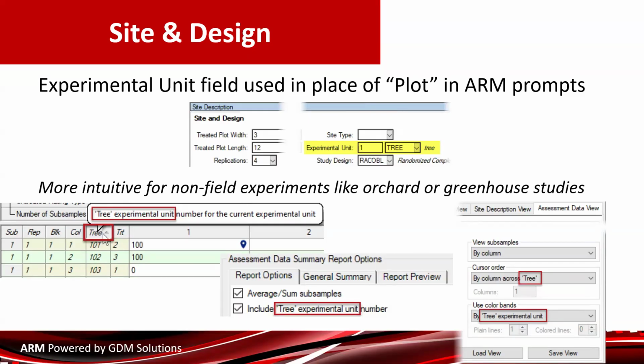Now, across ARM, whether it's in the assessment data section or different report options, or buttons, we're actually changing that word, hopefully just to make it a little more natural feeling. You don't have to have that mental leap between plot and tree or whatever you're working on. Just kind of an interface thing. It doesn't change much else about the trial or functionality other than just what you're looking at.